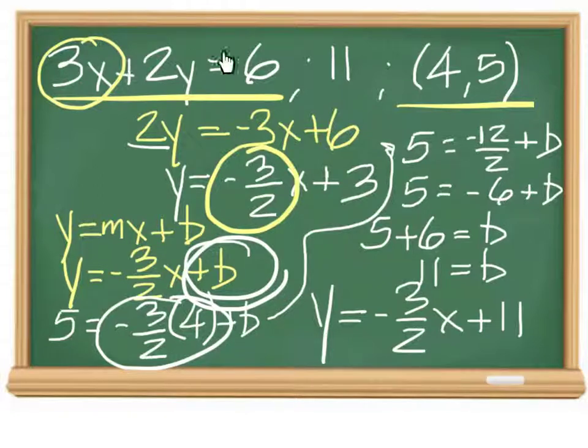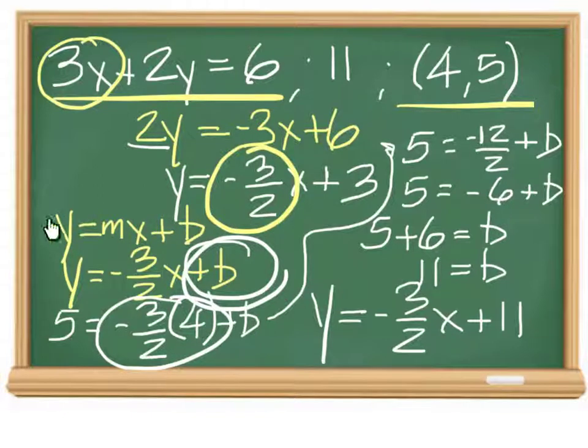Here's what we did. We started with this, and we changed it to y equals mx plus b by moving the x to the right, changing the sign, and then dividing everything by the 2 next to the y, which is how we came up with this.